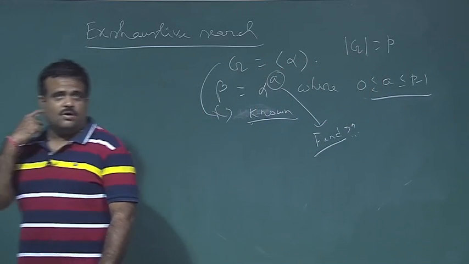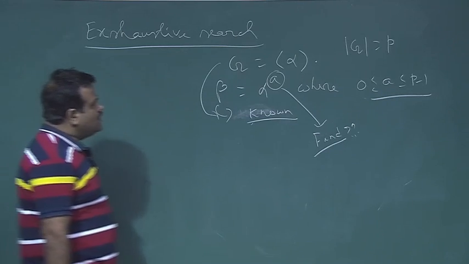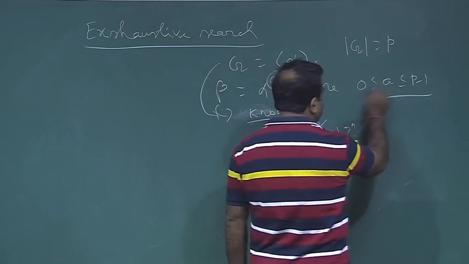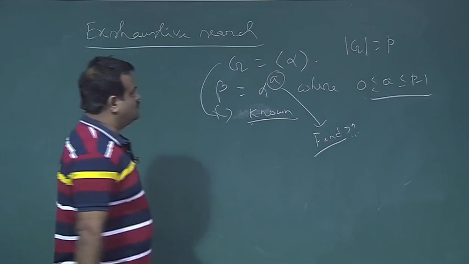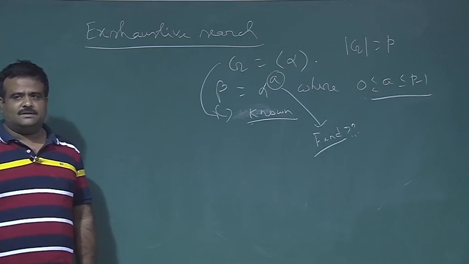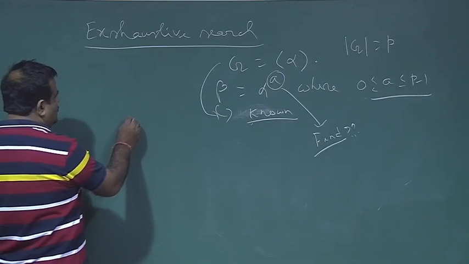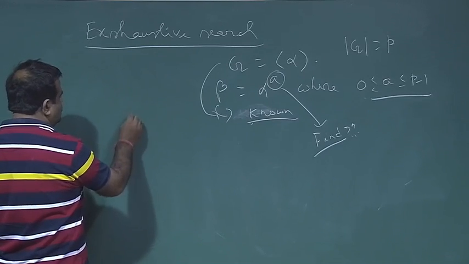So, how to find A? What is the exhaustive search method? We know A is from 0 to P minus 1, so we try all possible A. We first choose some A, so A equal to 0 or A equal to 1.